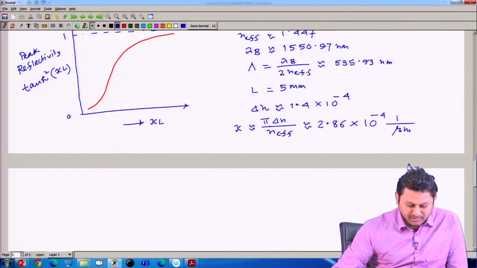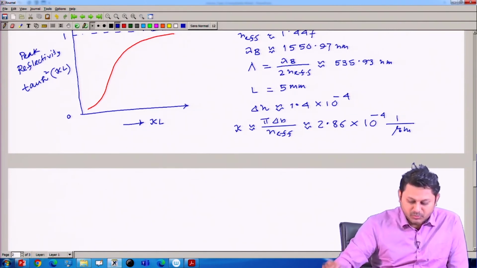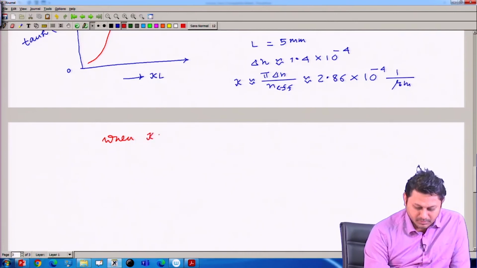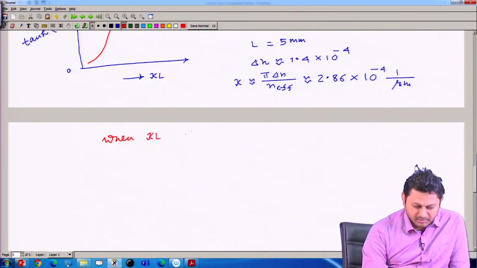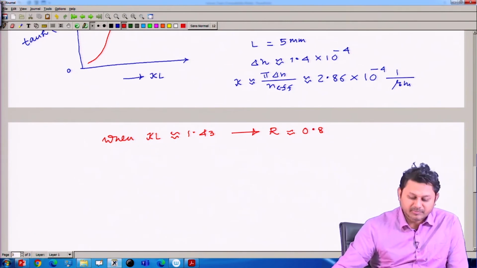Now, when kappa L is nearly equal to 1.43, I can have a reflectivity R nearly equal to 0.8. So, 80% reflectivity one can expect with this value.